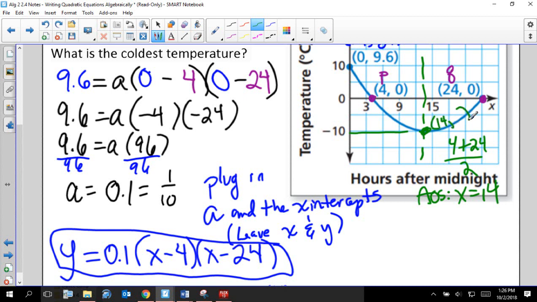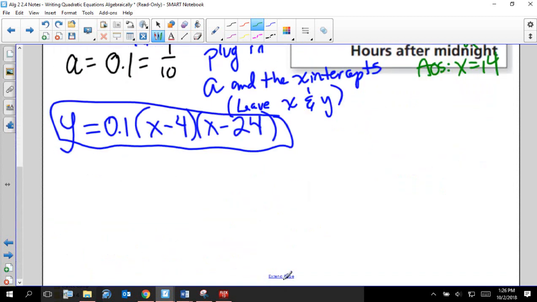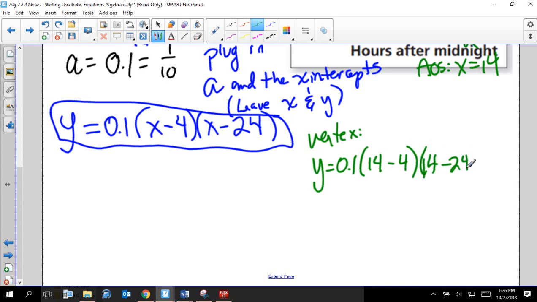How do I find that something? Plug it into the equation we just found. So for our vertex, we're going to plug in 14 for both x's. And again, the difference if you're planning on taking pre-calculus versus trig and applied math would be, could you do this without the calculator?